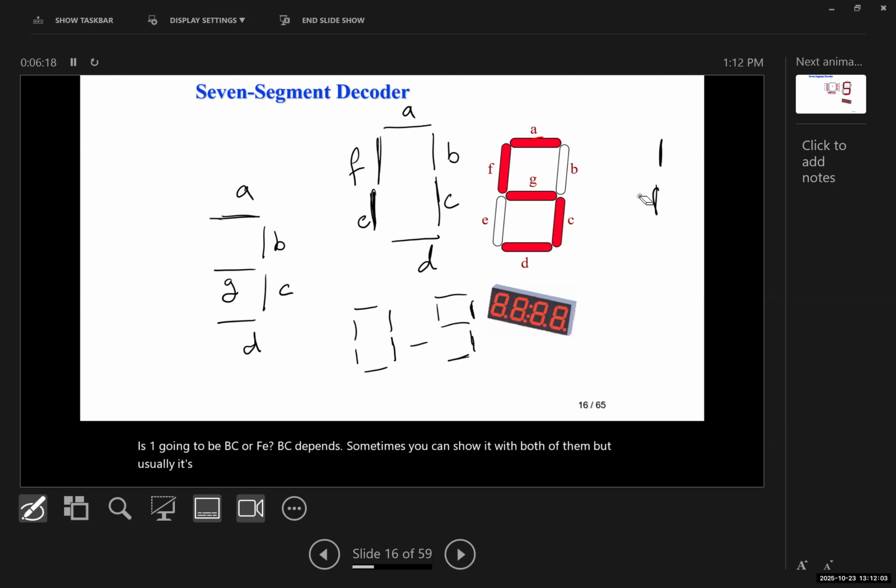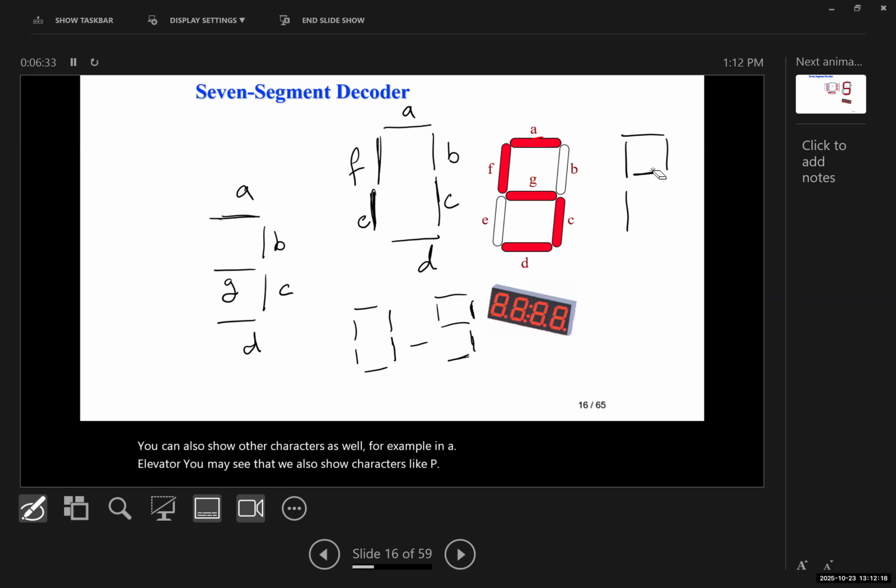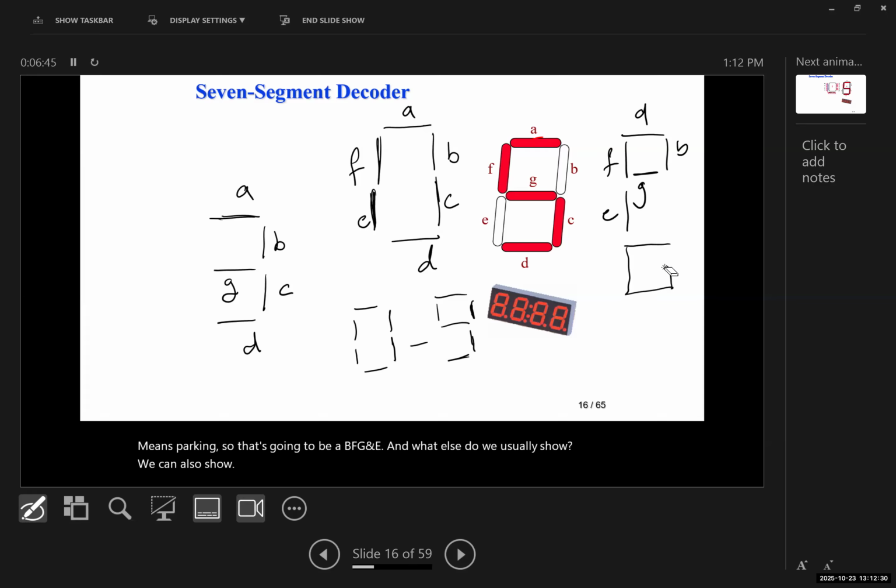Yes. You can also show other characters as well. For example, in an elevator, you may see that we also show characters like P, which means parking. So that's going to be A, B, F, G, and E. And what else do we usually show? We can also show this as well sometimes.